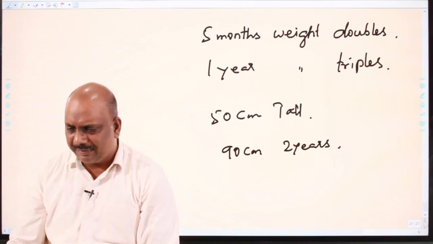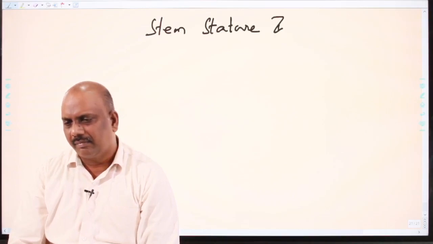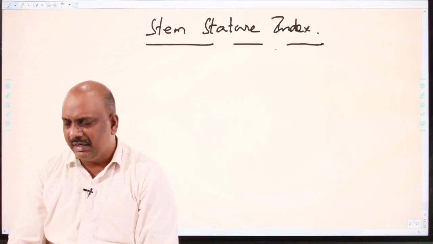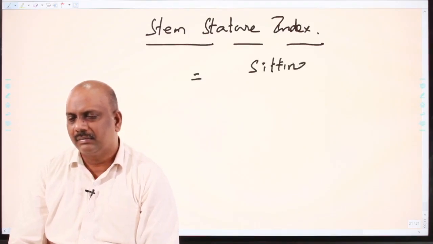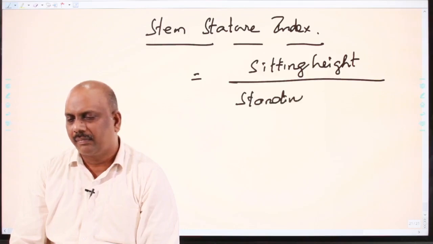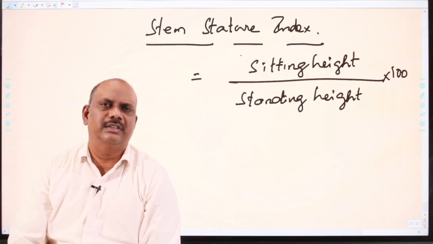That is stem stature index. Stem stature index means this is equal to sitting height divided by standing height multiplied by 100 gives stem stature index.